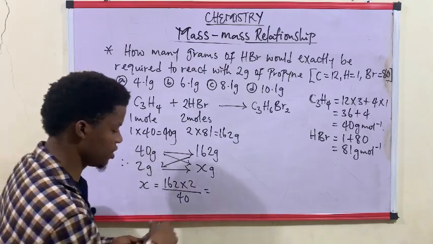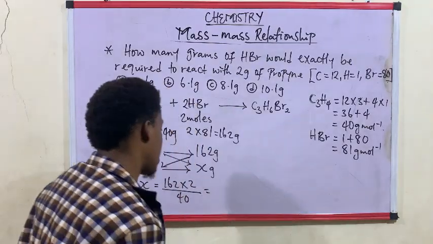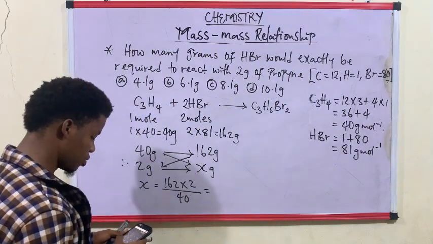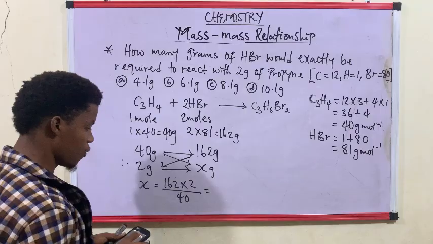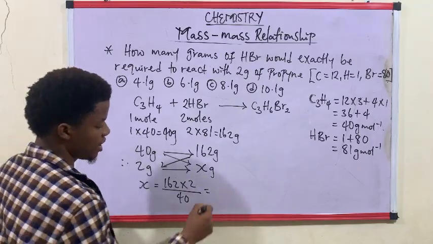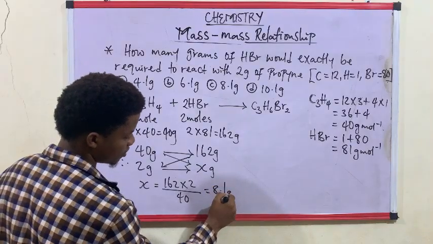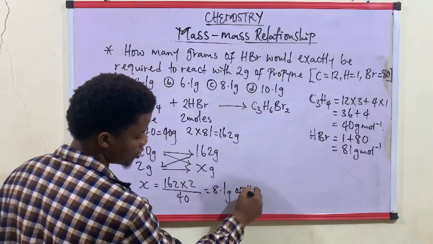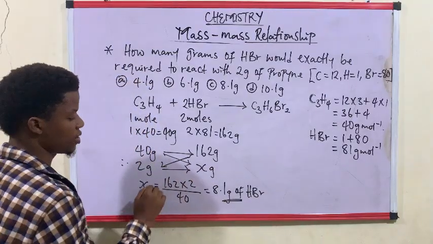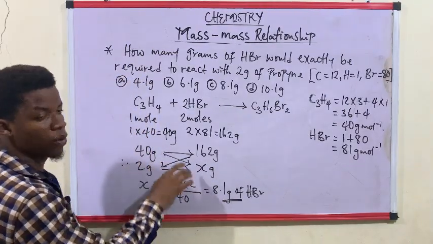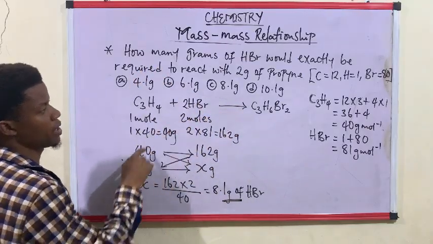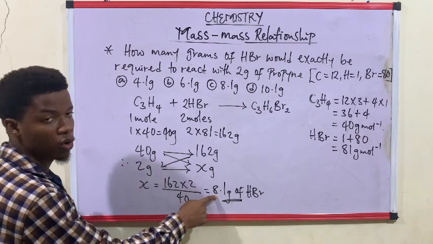So when you just put this in your calculator, we have 162 times 2 equal to 324 divided by 40. That is 8.1 gram of HBr. So therefore, it simply means that 40 gram of propane is going to need 162 gram from the balanced equation. Then 2 grams of propane, we need what?